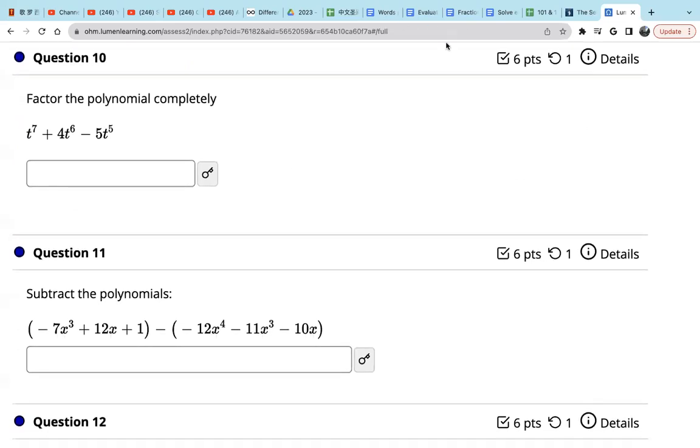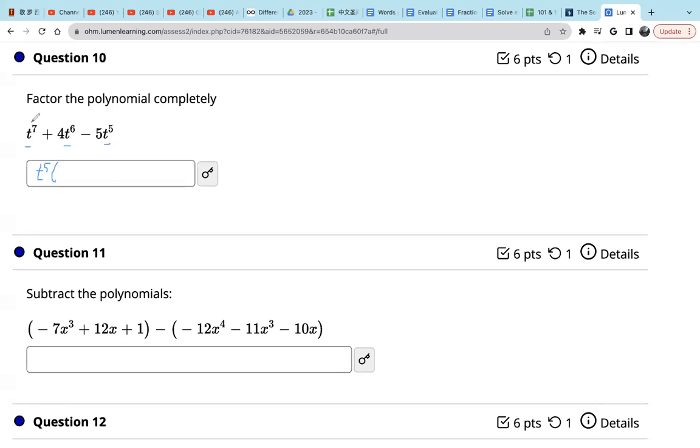Factor again. We see t to the 5th power is a common factor, right? So we factor that first. So we write here, t to the 5th power is a common factor.